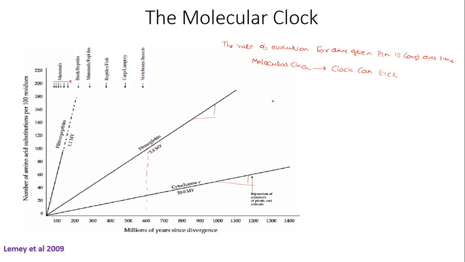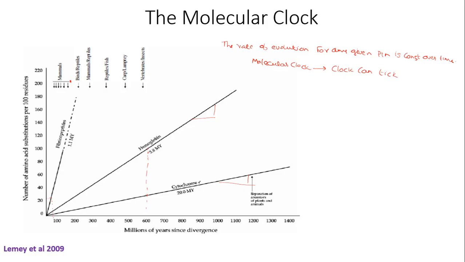However they tick, the ticking happens at a more or less constant rate for any given gene among different phylogenetic lineages. That is the main observation that Zuckerkandl and his group proposed.